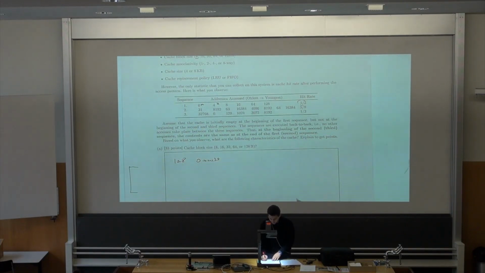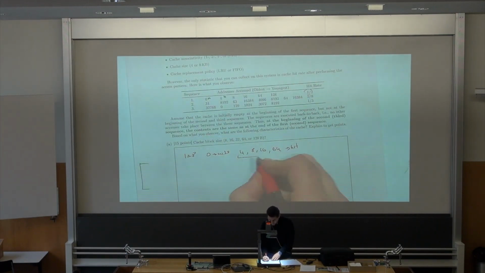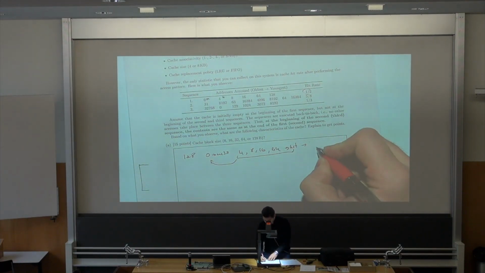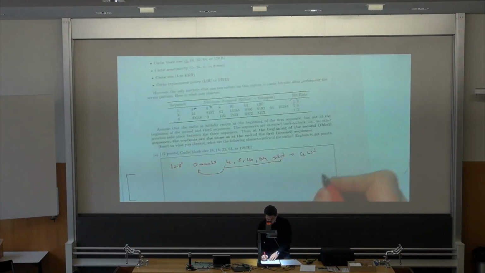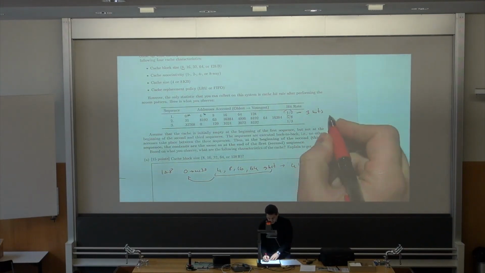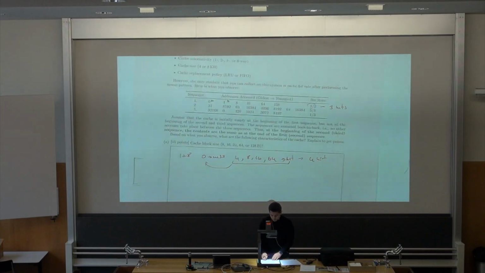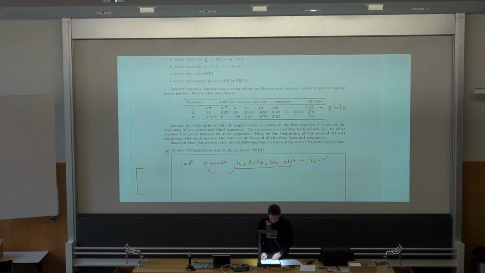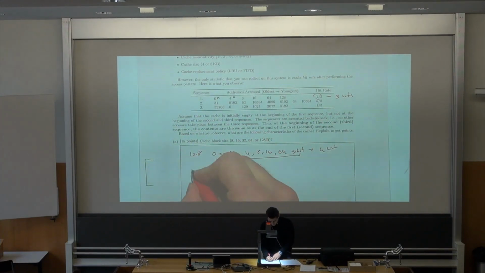But if it is 128, the 4, 8, 16, and 64 will be hits because they are located in the same block as 0. So we have 4 hits here, whereas the question says we have 3 hits in the first sequence, because we have 6 accesses and the hit rate is 1 divided by 2. So this won't work.